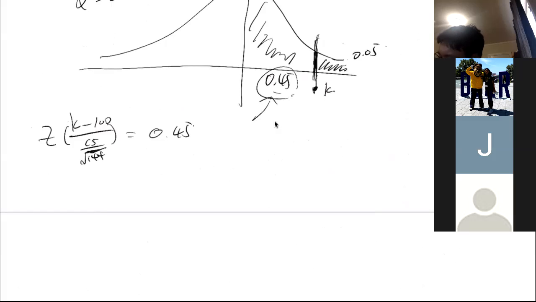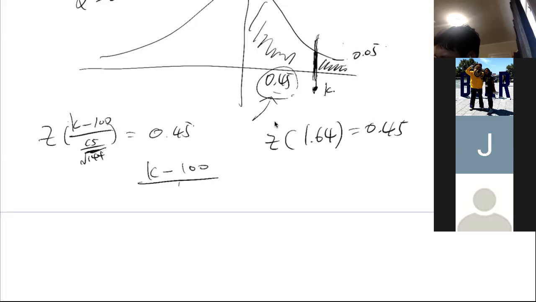We look at the z-score table and we find that the value for 0.45 is 1.64. So z of 1.64 is 0.45. So that means k minus 100 over 15 over square root of 144 is 1.64.